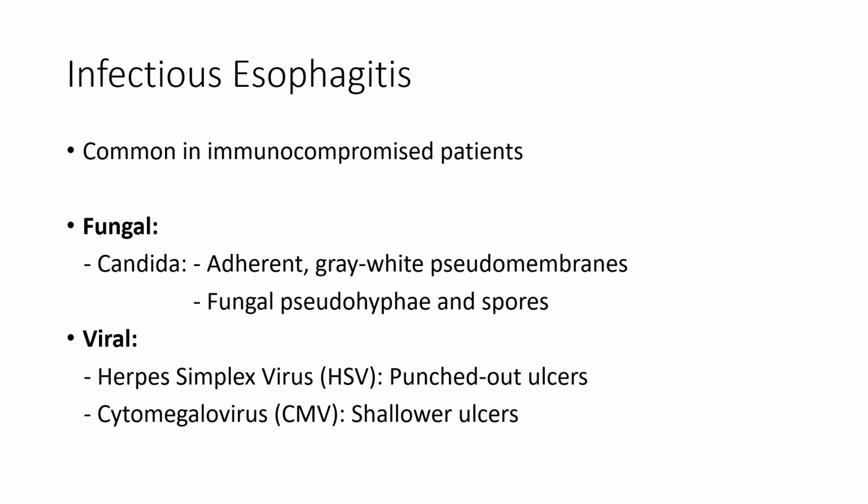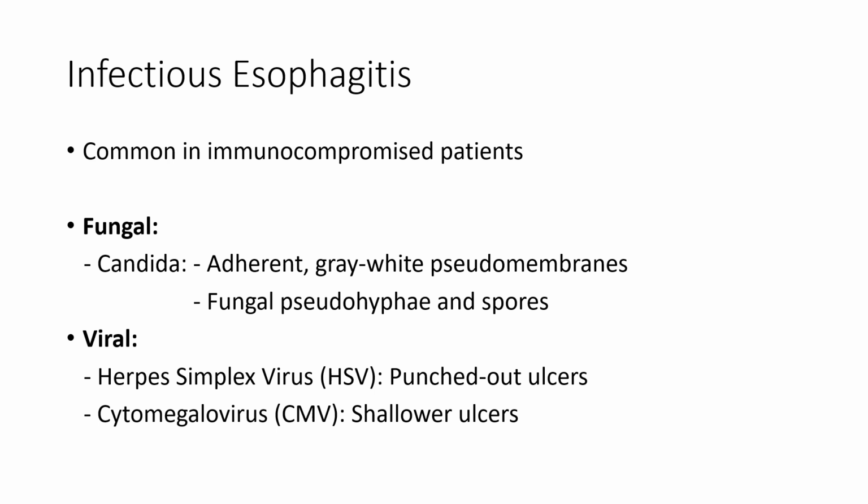The most common cause of infectious esophagitis is Candida infection. By endoscopy, it will appear as adherent gray-white pseudomembranes. We will see a picture of it in the next slide. Under the light microscope, Candida appears as fungal pseudohyphae and spores.